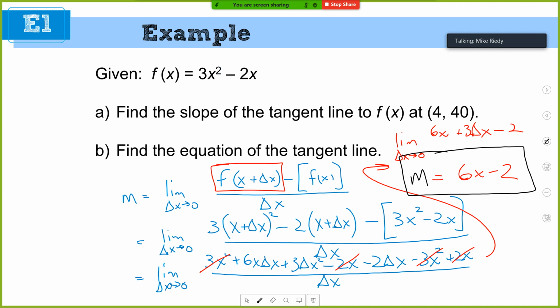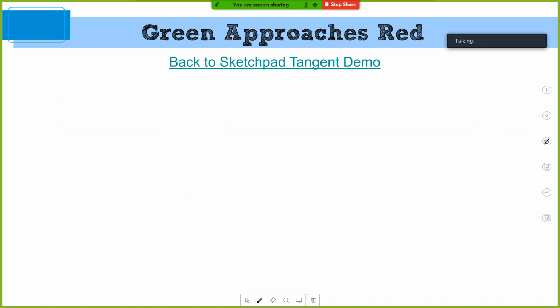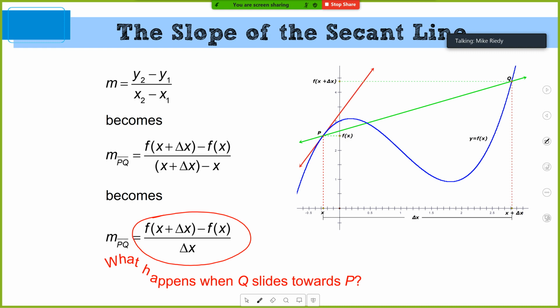Well, think about it, you have a parabola, okay? And if you graphed it in Desmos, you understand. You have a parabola, and if I pick any point on that parabola, the tangent line is going to look a little bit different. Okay, so if we went to that picture that I had before, let me go back a little bit here. Oh, this guy. If you look at me moving P to a different location, that tangent line is going to change. For instance, what if I put P right here?